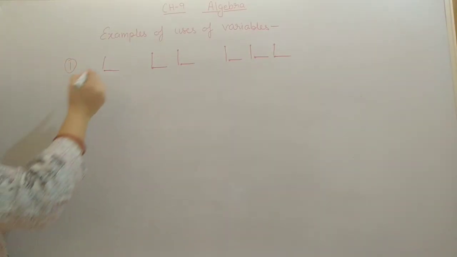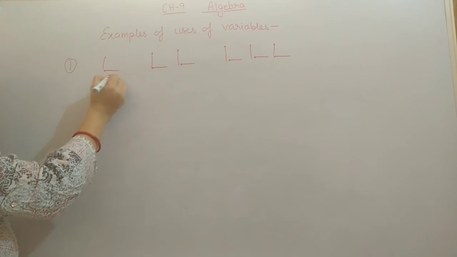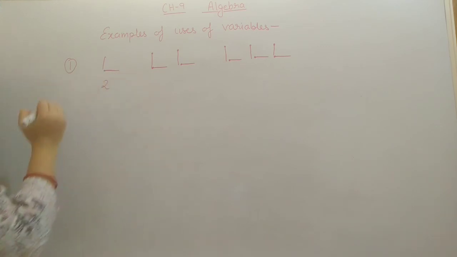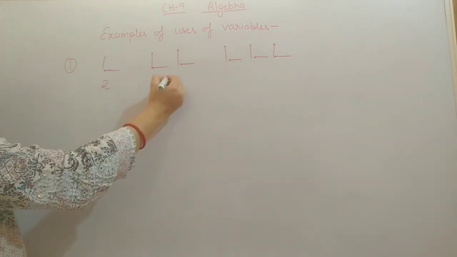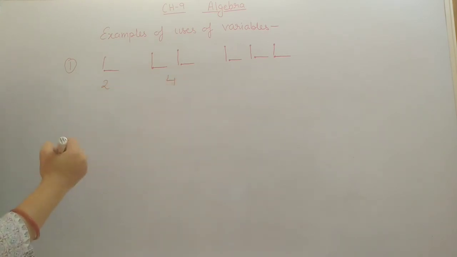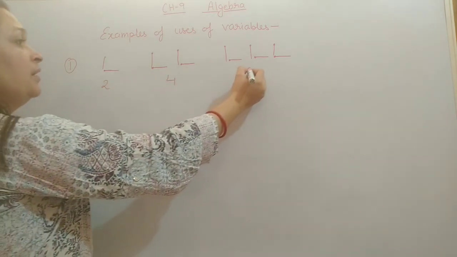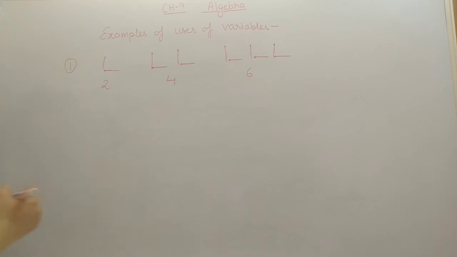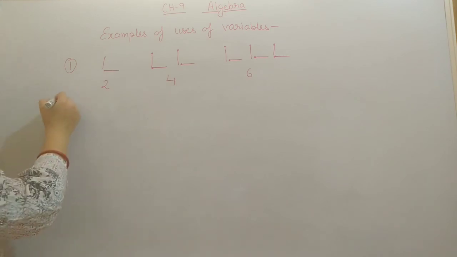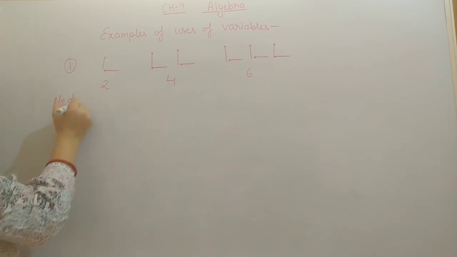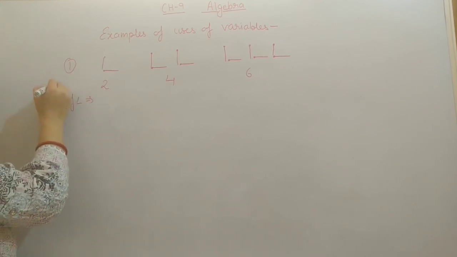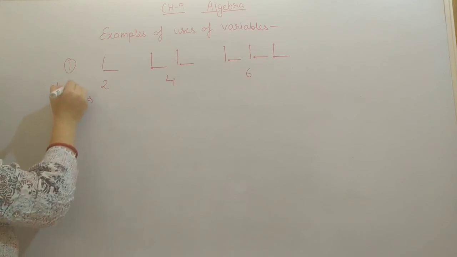Okay, to make one L, we want 2 sticks. To make 2L, we want 4 sticks. To make 3L, we want 6 sticks. So here we can create a relation between the number of L and the number of matchsticks.